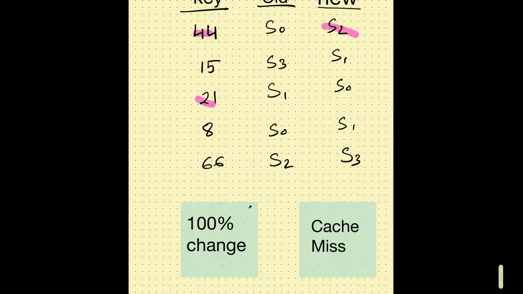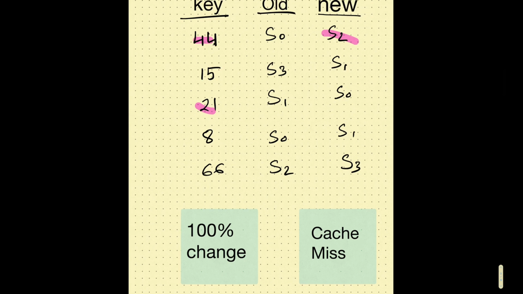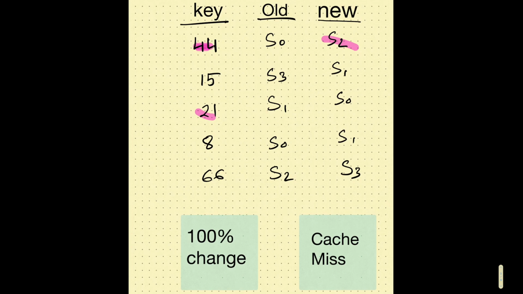Right after this scaling up happens, so we go from 4 to 7 machines, all the requests that are coming in during this huge traffic are going to get a cache miss. Let's say user ID 44 comes in, and we try to look into the new machine S2 for the data, and we don't find it, because previously the data was in server 0.